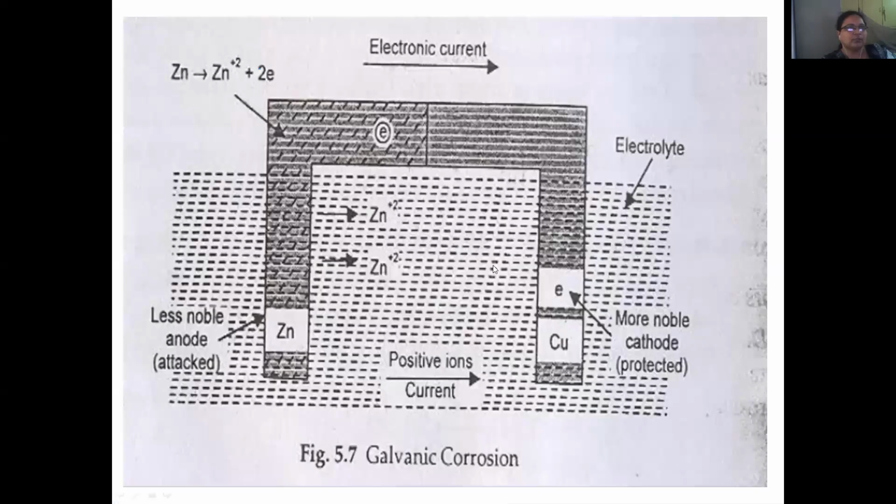So for example, this is the galvanic corrosion which is taking place. Zinc getting oxidized to form zinc ions and copper taking electrons to form copper. So the more noble cathode is getting protected, and this is the electrolytic solution, and zinc is getting oxidized.